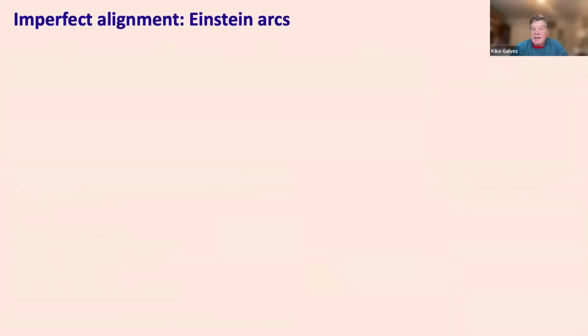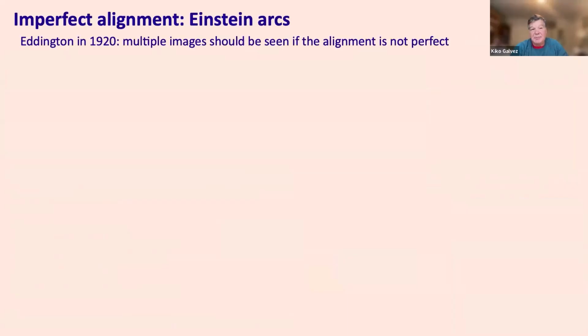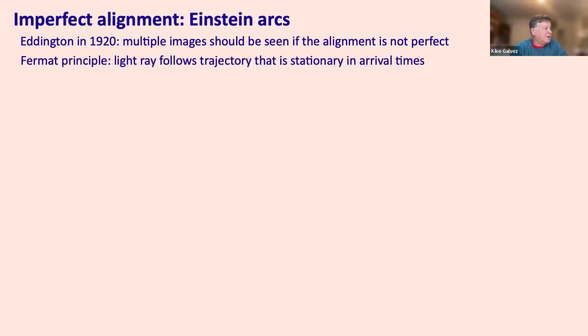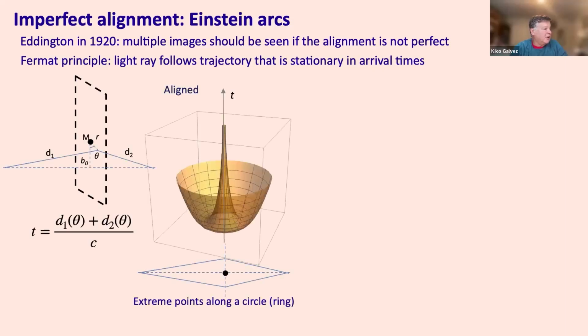When there's imperfect alignment, one doesn't see the Einstein ring, you see arcs. This was first predicted by Eddington, and you can understand this just using Fermat's principle.